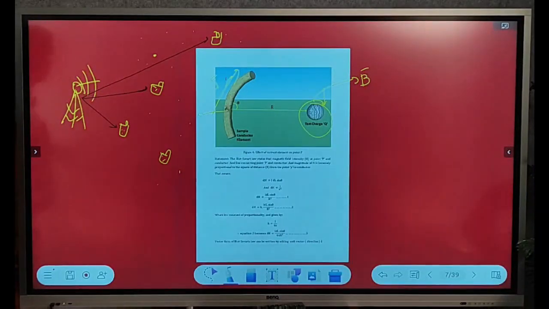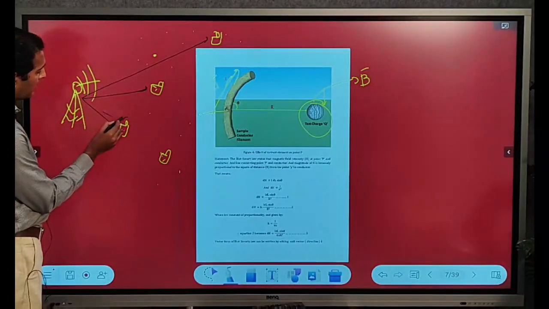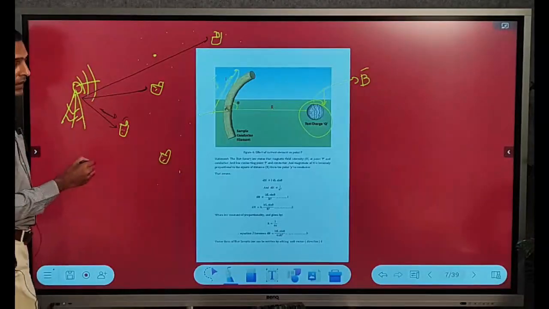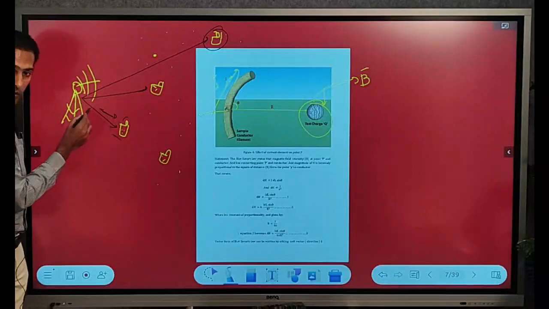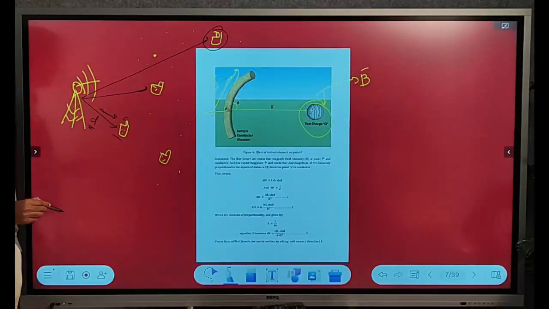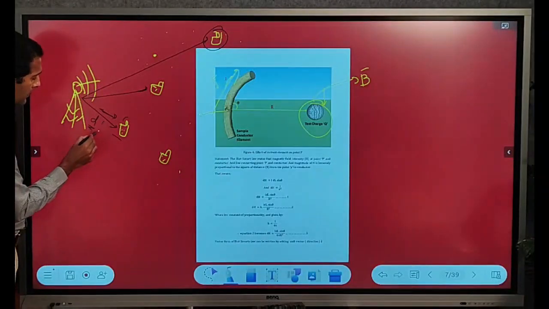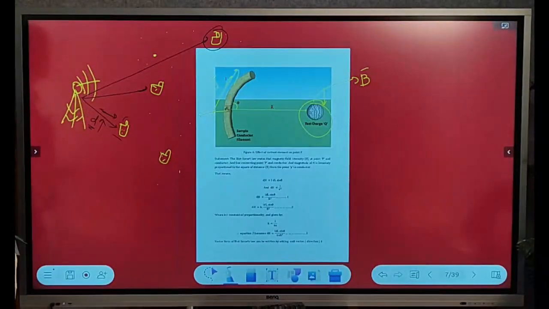And what is our signal strength? Magnetic field and electric field. What may be the strength on this mobile? Will it be more or less compared to that mobile? It will be more because it is near. So distance is the main parameter. As distance increases, the strength of the effect decreases.